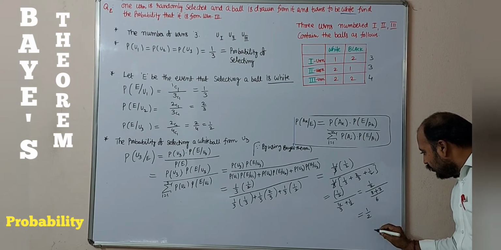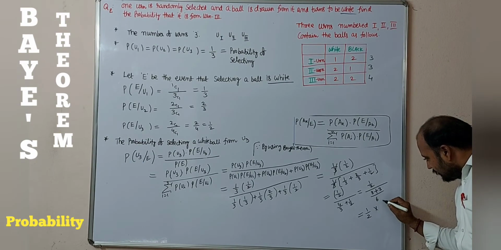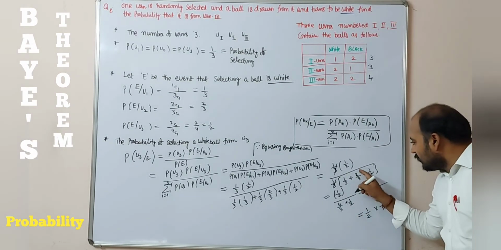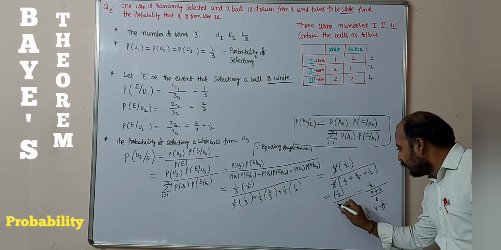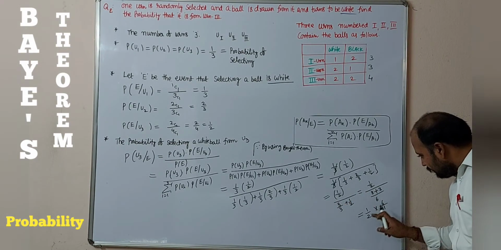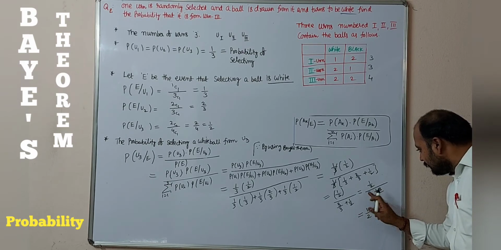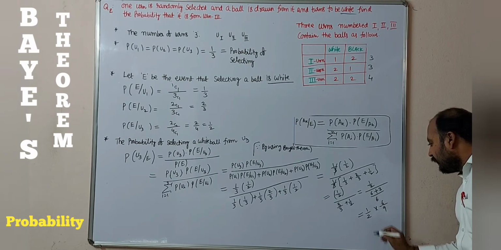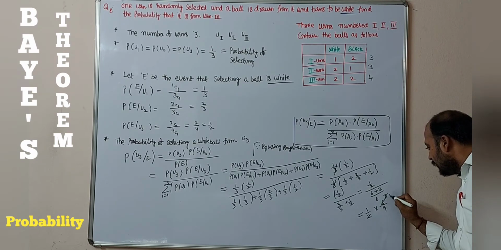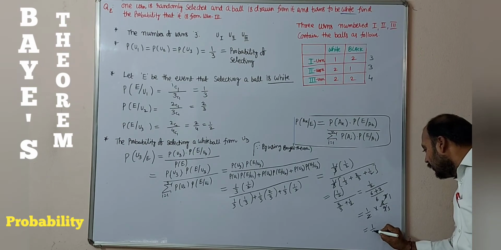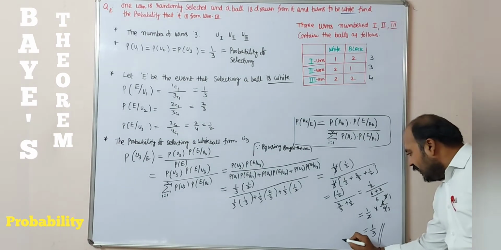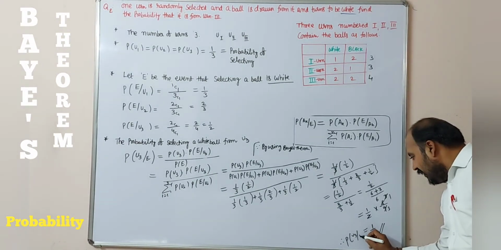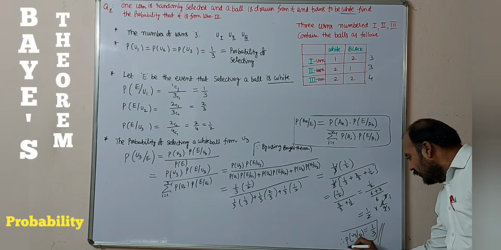Sorry, 1 by 3 plus 2 by 3 is 3 by 3, so it is 1 only. So 1 plus 1 by 2 is 3 by 2, and 1 by 2 divided by 3 by 2 is 1 by 3.